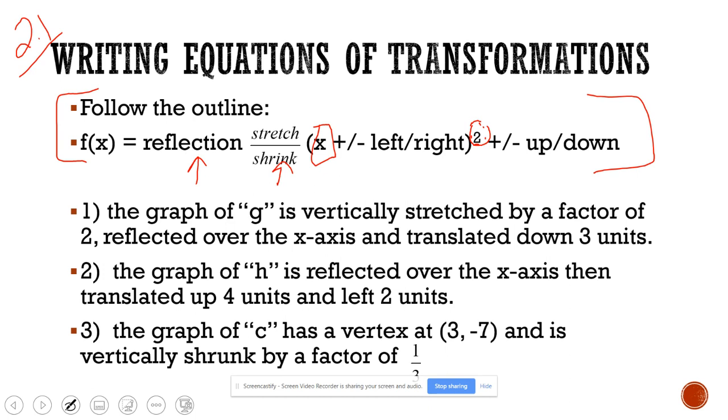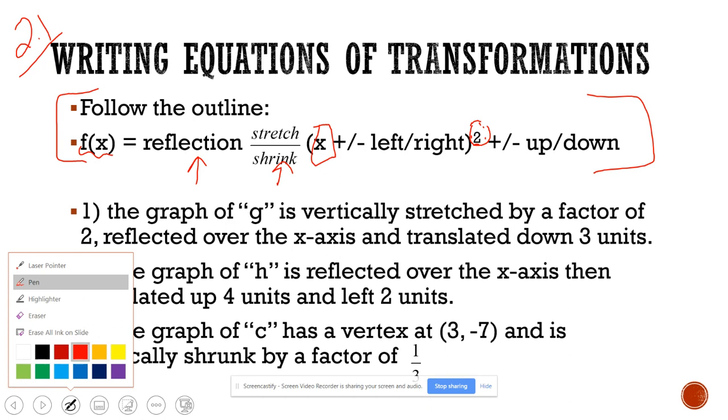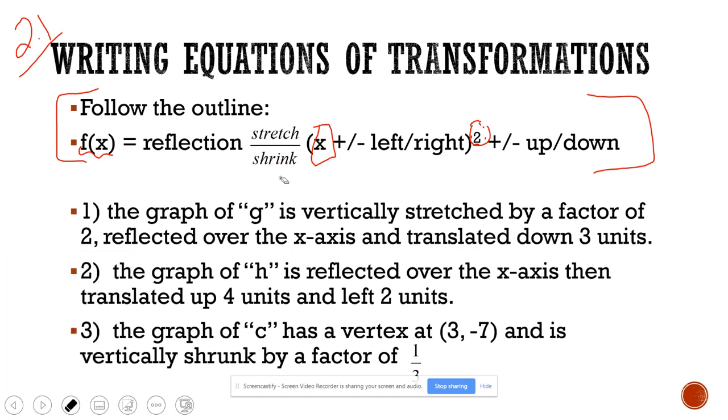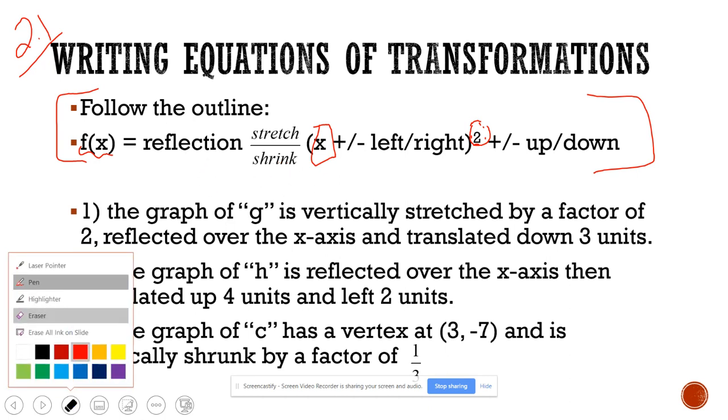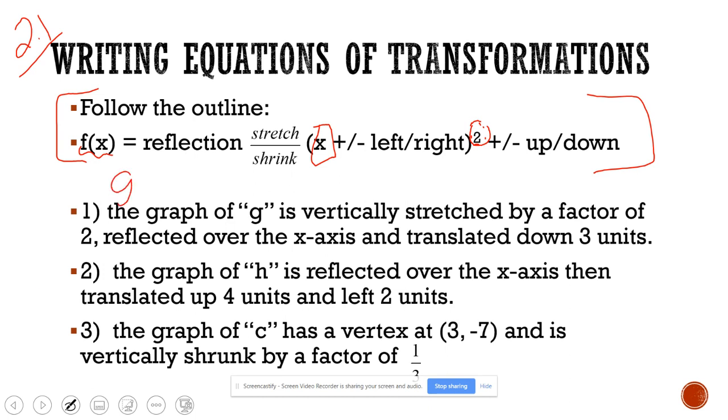Example 1, the graph of g. So rather than f of x, that's the graph of f, we have a graph of g. Erase those so I have room to write. So g of x. So I'm looking through the words, and I'm first looking for reflection. There it is. So I'm going to have equals negative. Then I'm looking for stretch or shrink.